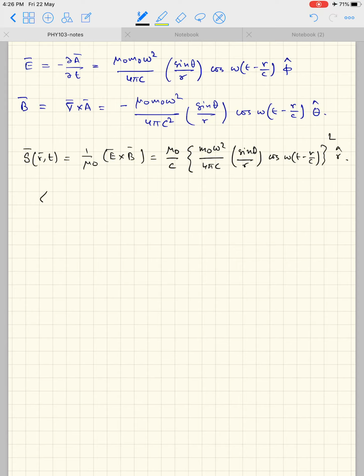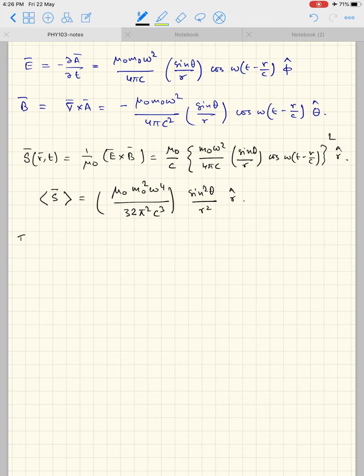And the intensity, the average of this, is mu naught m naught squared omega to the 4 by 32 pi squared c cubed, sine squared theta by r squared, r cap.